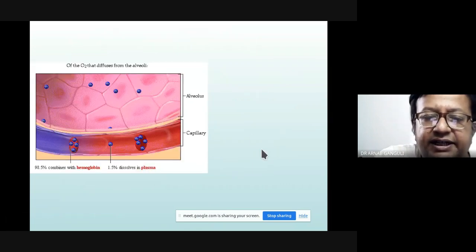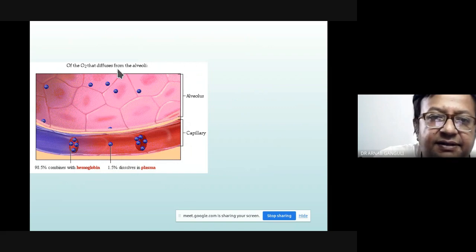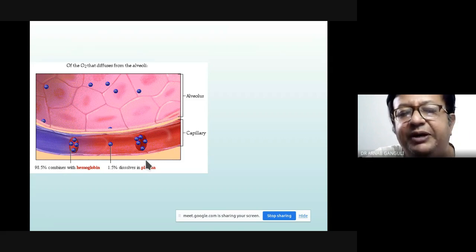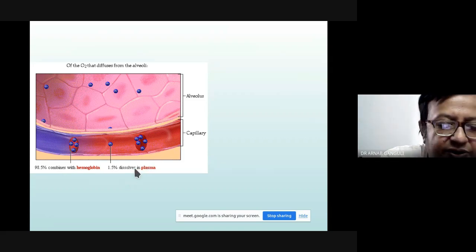So let us look at a particular section of this. This is a tissue and this is the artery and vein. So 98.5% of oxygen, right? This is oxygenated blood. It binds with hemoglobin. One hemoglobin gets 4 molecules.